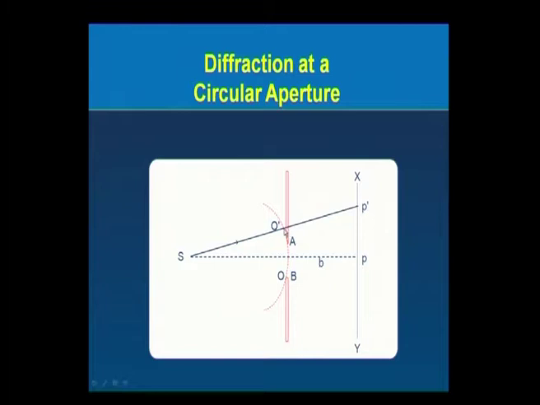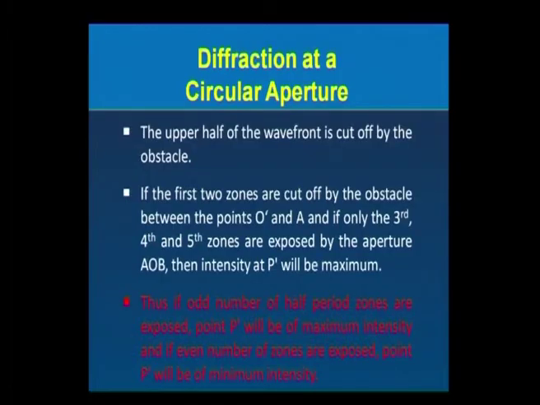If, with respect to O prime, light is incident here when you are constructing half period zones, the light passing through the first half period zones will obviously be cut, because the obstacle comes up to the point A. Some of the half period zones will be cut because O prime is above O from the center, and light will be obstructed by the region O prime to A. That is an important point, and I will come to that.